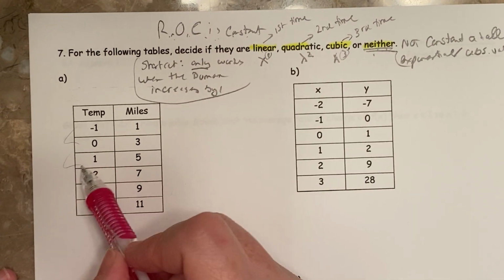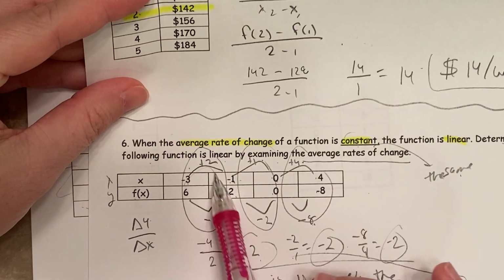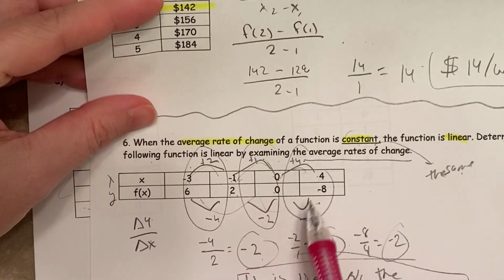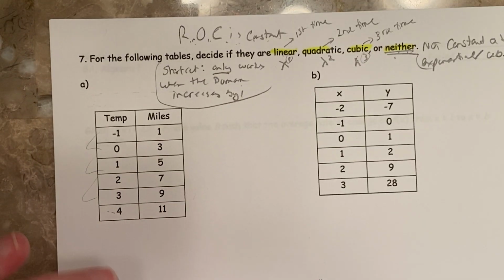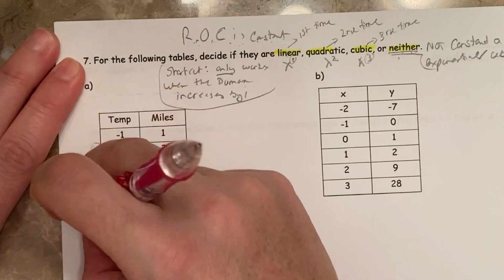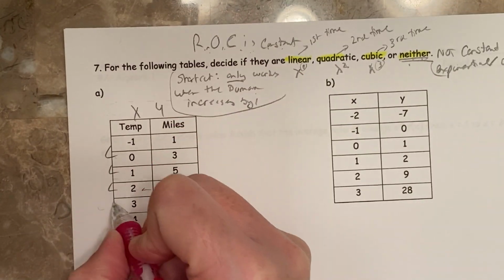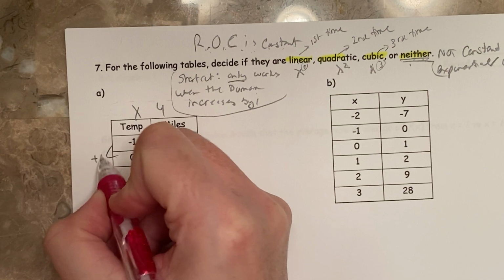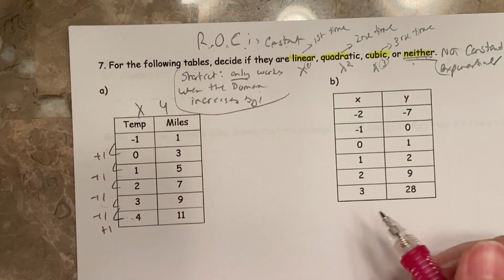So if these numbers here on the side, remember domain is x, if they don't go up by 1, then you have to go through this whole process where you're getting the difference each time and then getting your fraction. So this way is a little bit easier. It's a little bit of a shortcut. All right, so x, y. Of course I gave you everything that went up by 1, so I could show you how to do the shortcut.